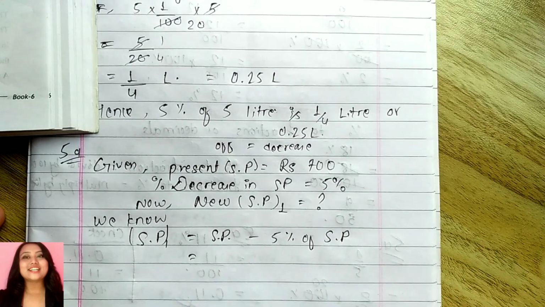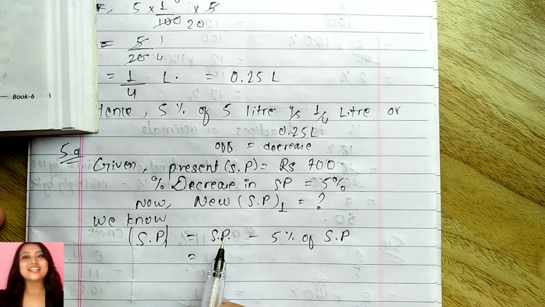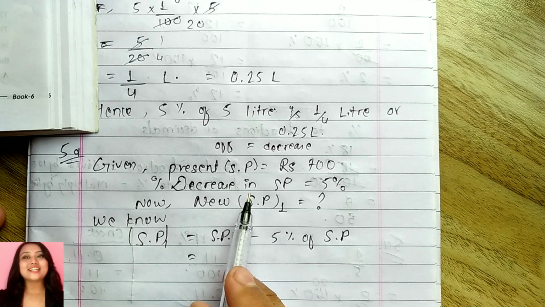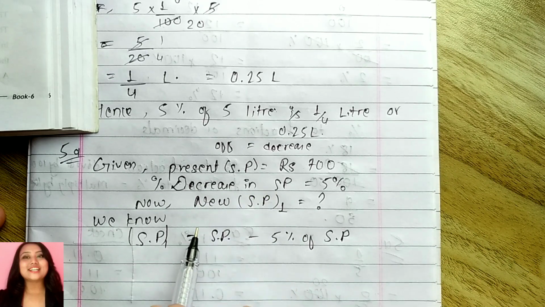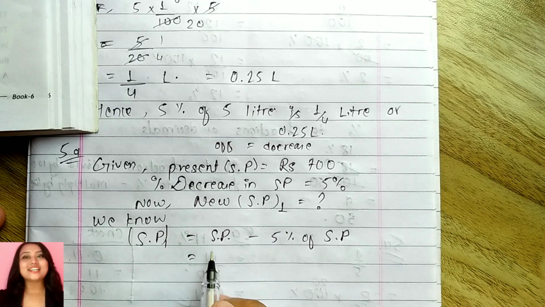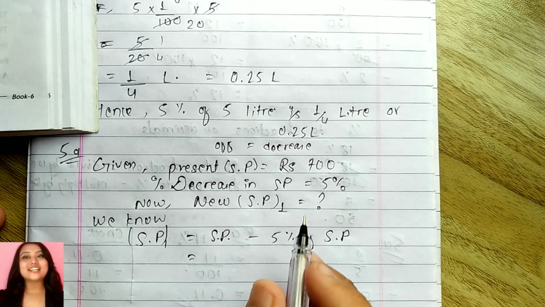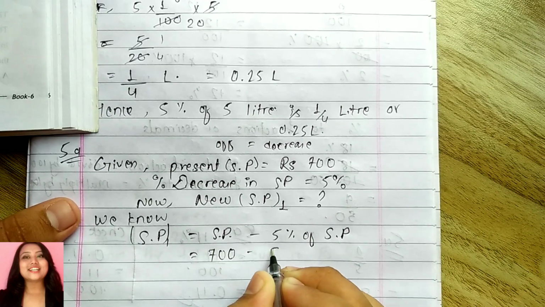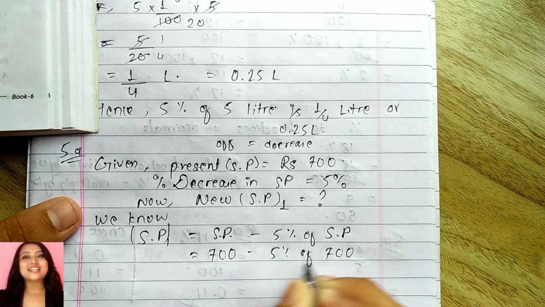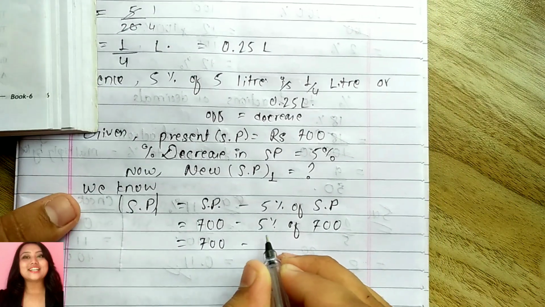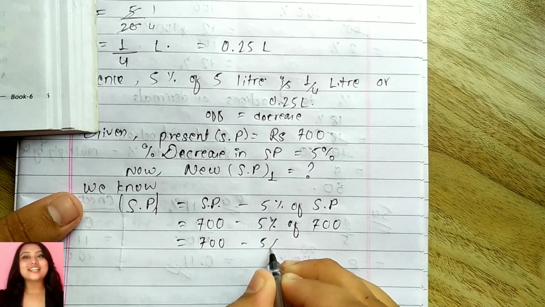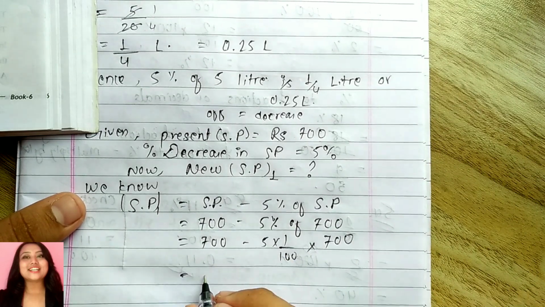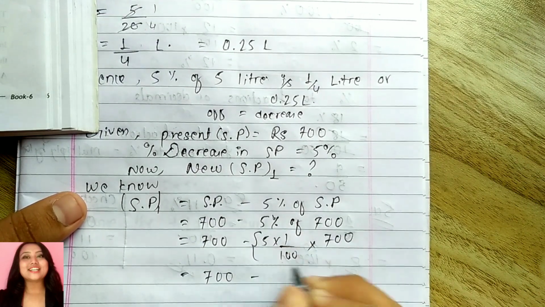You have to subtract the 5% decrease that has been given from the total selling price at present. So the present SP is 700 minus 5% of 700. Percentage means 5 into 1 by 100 into 700. Off means into.